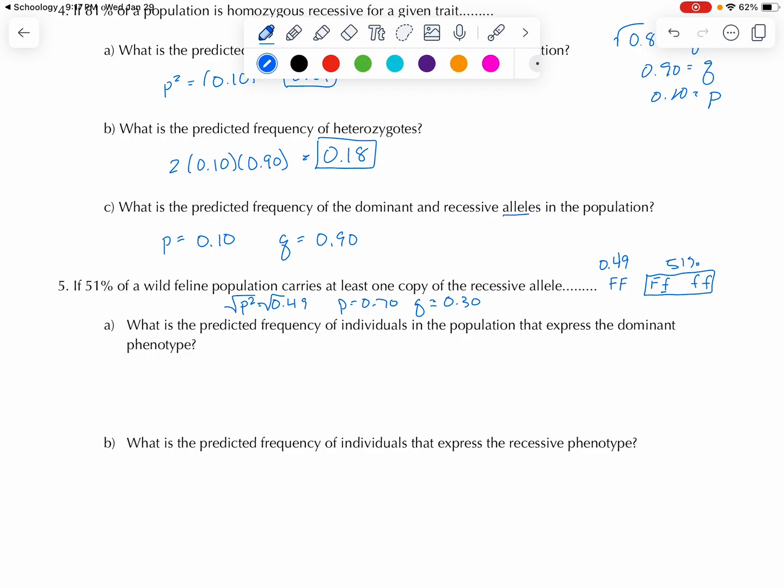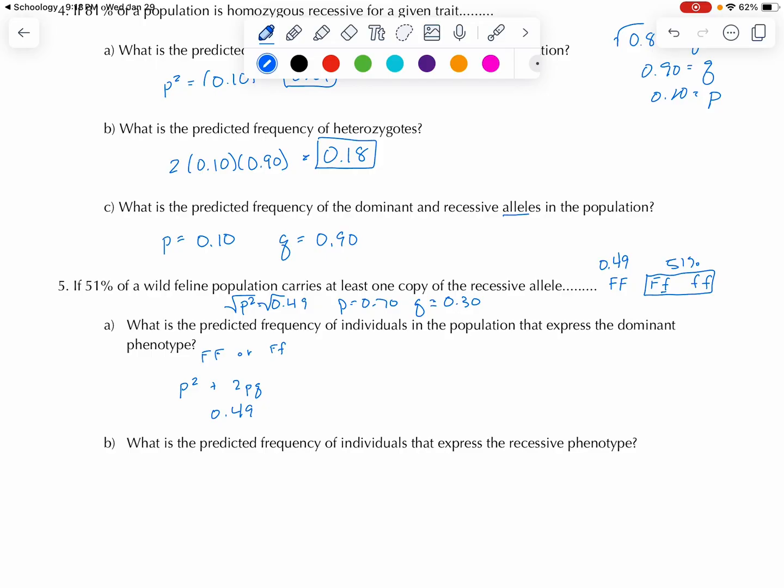What's the predicted frequency of individuals in the population that express the dominant phenotype? That's a little tricky. The dominant phenotype is going to be this or this. So we have to add them. This or that, lowercase f, right? That would be the dominant phenotype. So basically what it's asking is P squared plus 2PQ. Okay, we got to do both. So P squared, we already knew was 0.49.